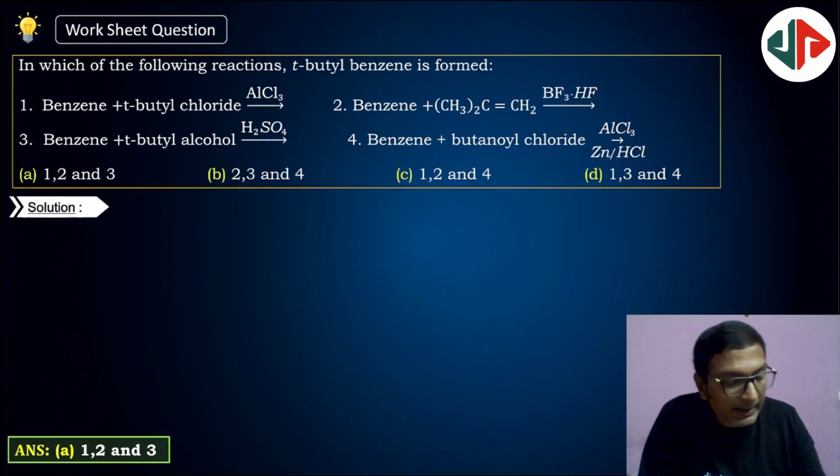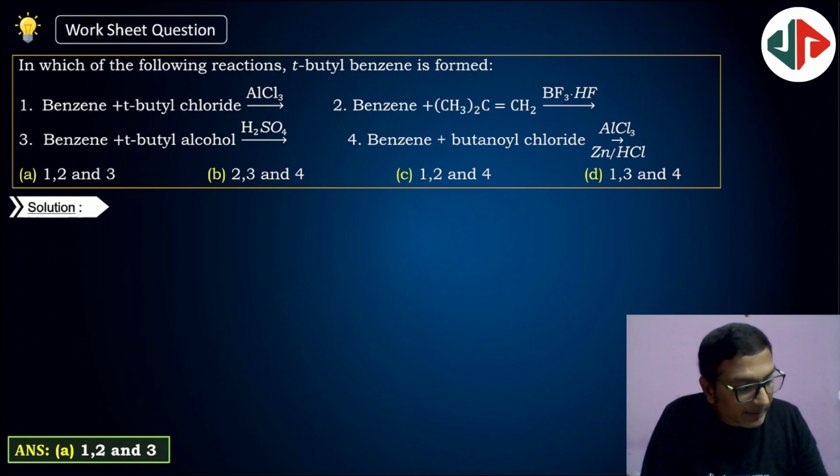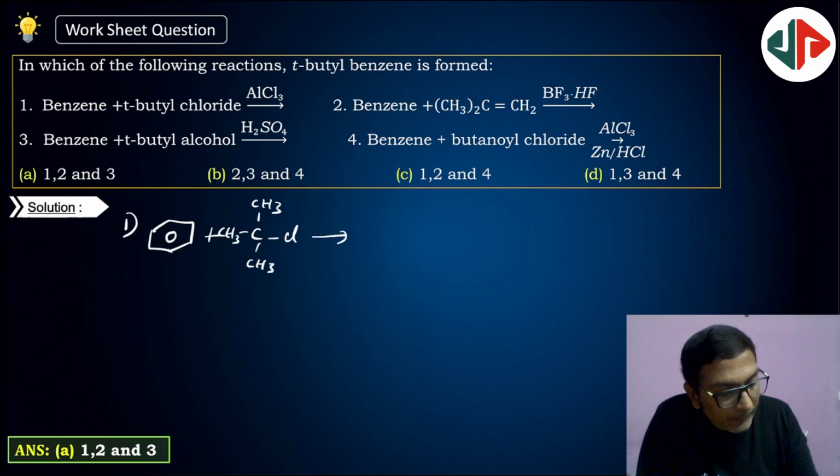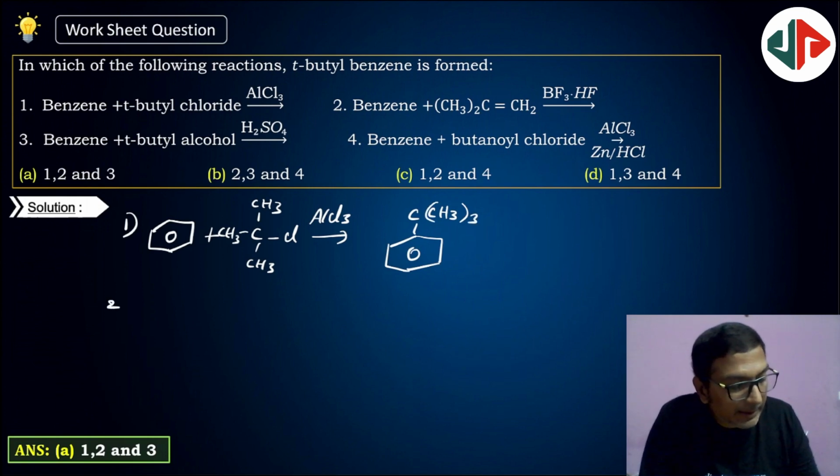In which of the following reactions is tertiary butyl benzene formed? So in the first reaction, it will be formed: benzene with tertiary butyl chloride, CH3Cl, AlCl3 gives (CH3)3C-benzene, tertiary butyl benzene.